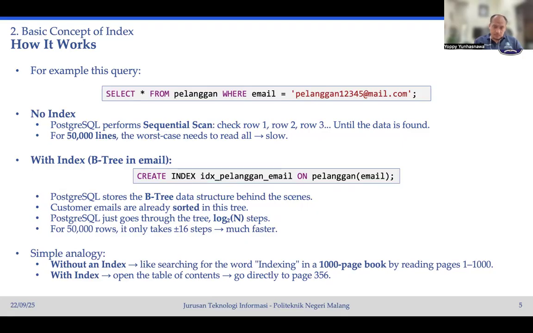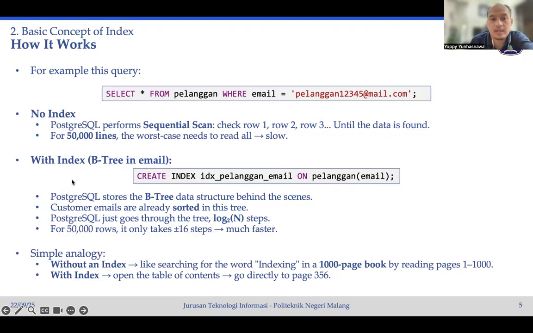But what is the log n? I will explain later. For 50,000 rows, it only takes plus minus 16 steps. So it is a lot faster compared to the sequential scan. Please take a look here. For a sequential scan, we will have 50,000 steps at most.